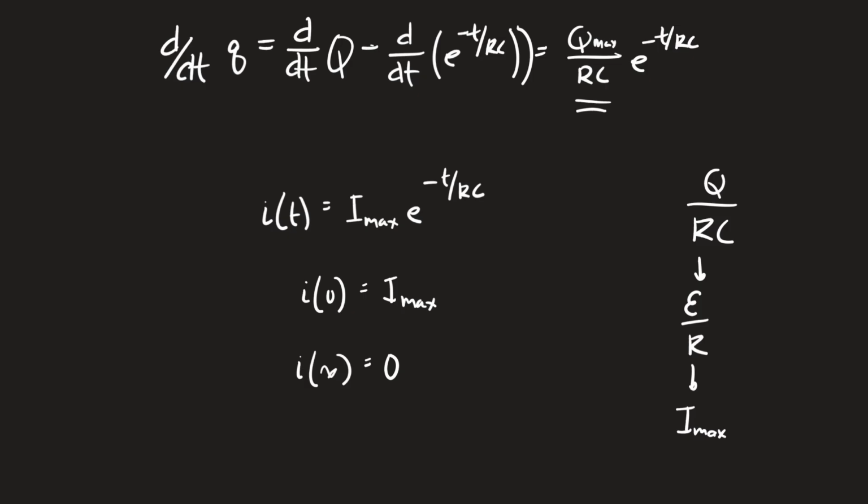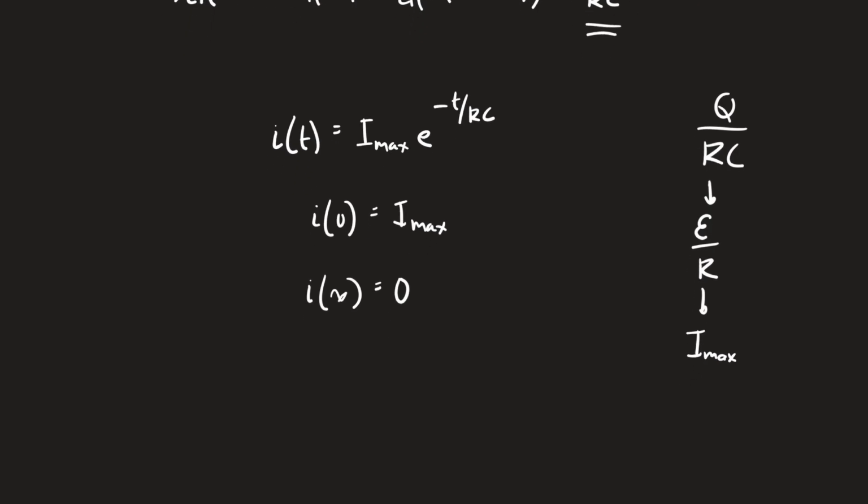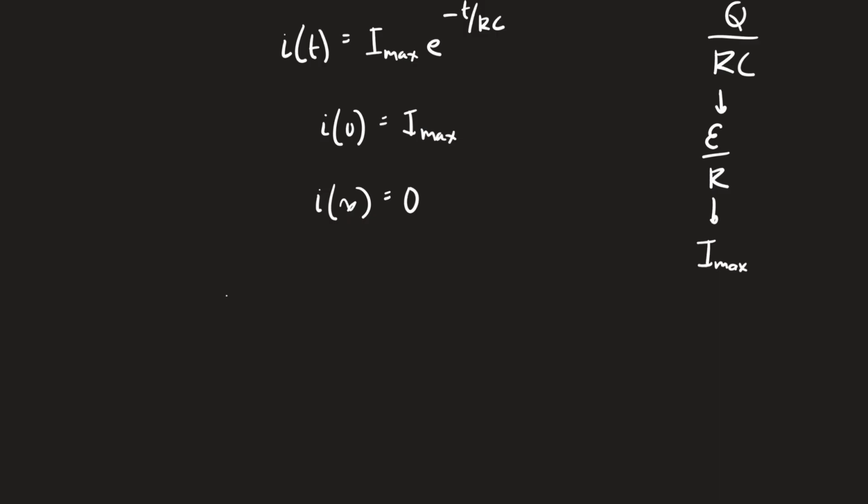V equals IR, correct? So, because we're not done yet, the voltage across the resistor would be R times I as a function of t. So the voltage across the resistor isn't constant. The voltage across the resistor is changing.